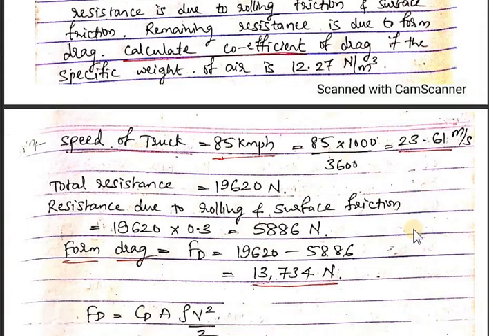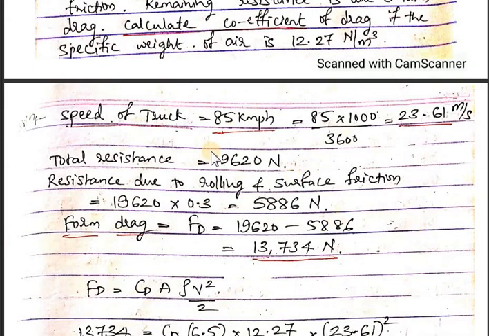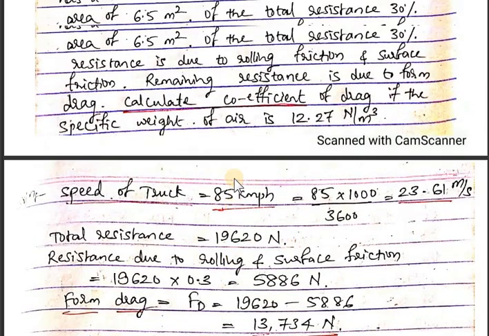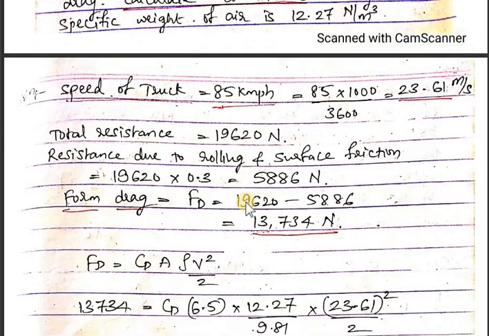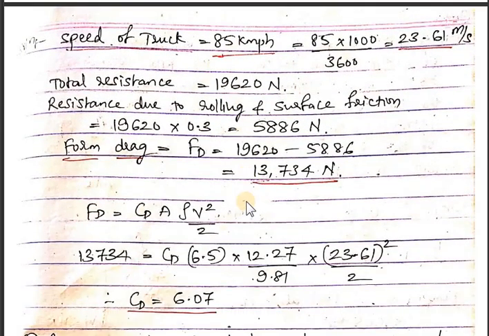Now the total resistance given is 19,620 newtons. Of this, 30%, that is 0.3, is due to rolling and surface friction, which is 5,886 newtons. This is the difference we need to take for the drag force.